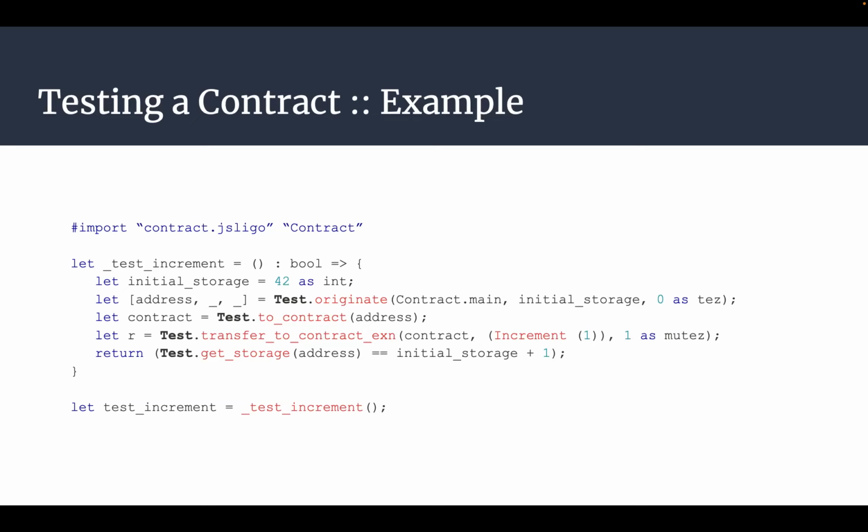So here you have a full code which is executed on interpreted code at the Michelson level. This is really important. And as you can see, this is really expressive. We have only 5 lines of code, and we are able to express all the mechanisms you saw during day 3 and day 2, which are the origination, the call, and so on. Here we do it quite simply with the testing framework.